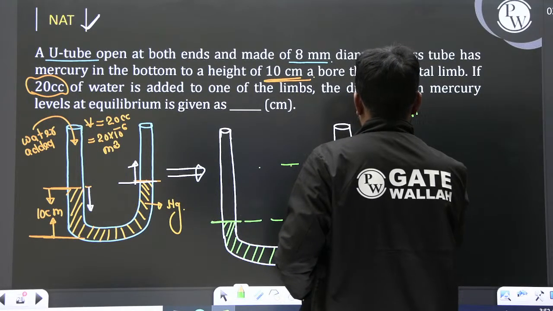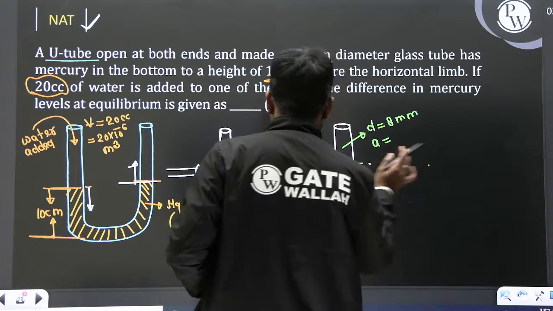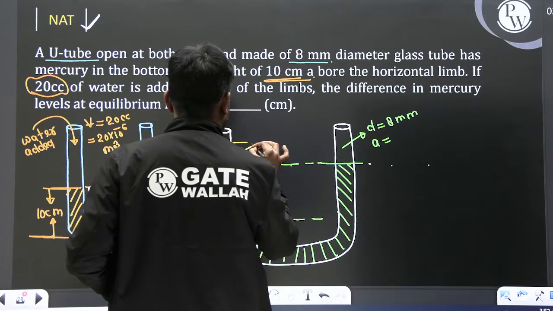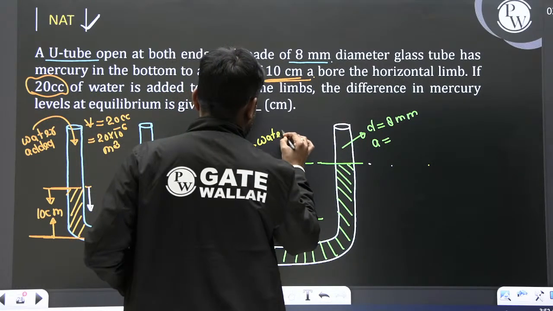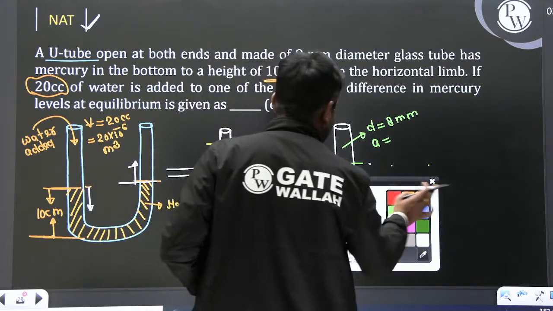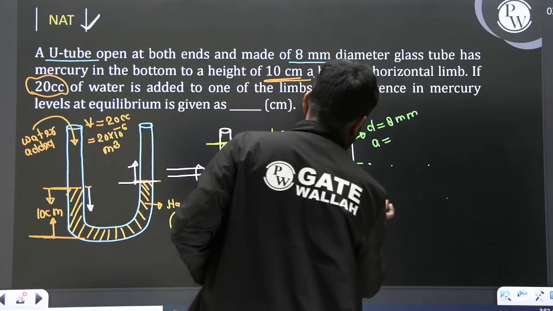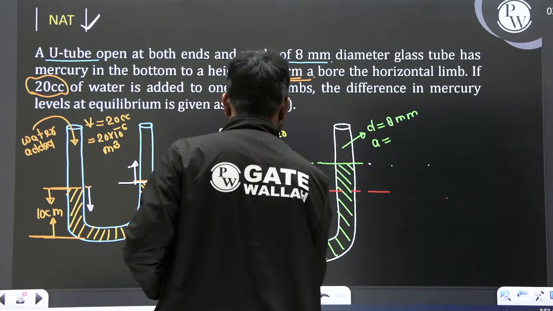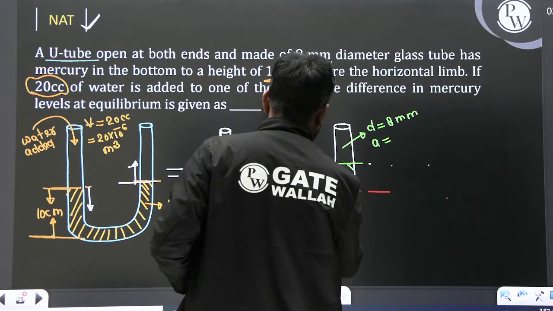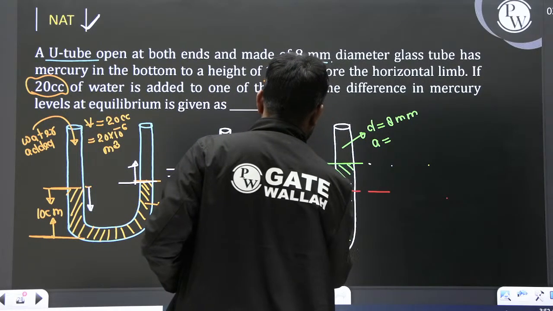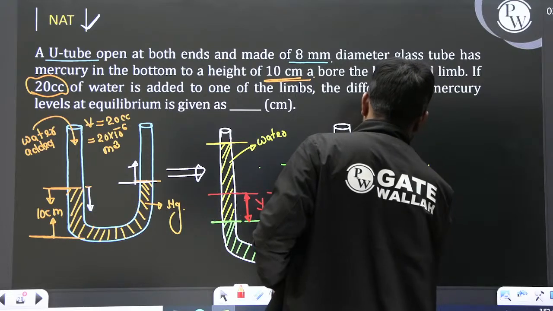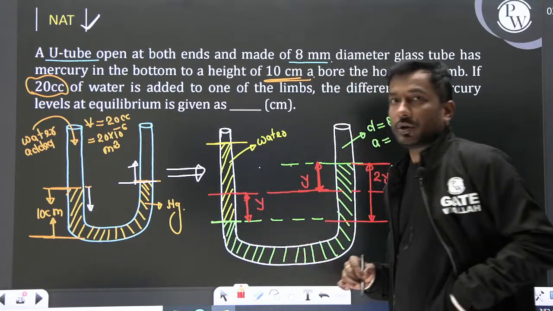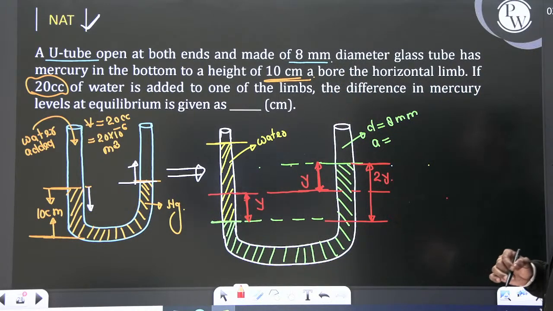What is the area of the tube? And where is the water? This is the water which you have added, and the initial level of the mercury is somewhere here. So in the left arm, if the mercury has depressed by distance y, then in the right limb it rises by y, so the total deflection in mercury is 2y.